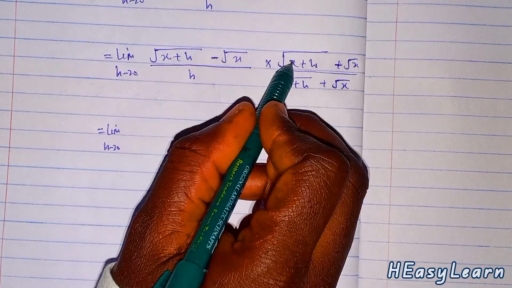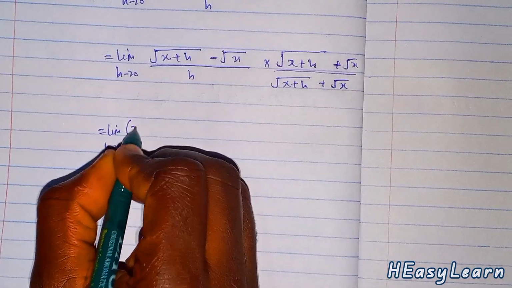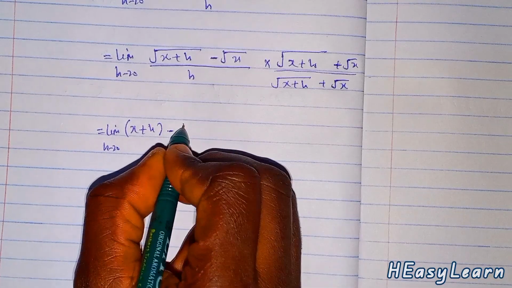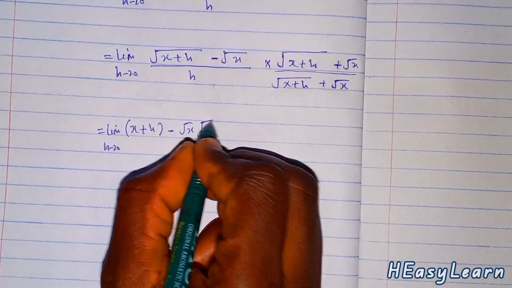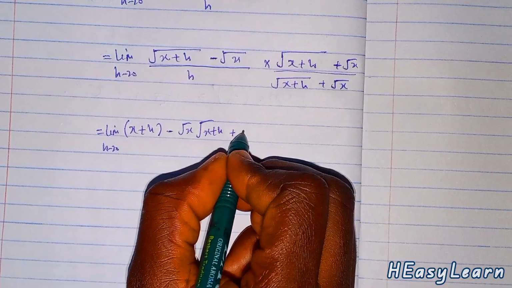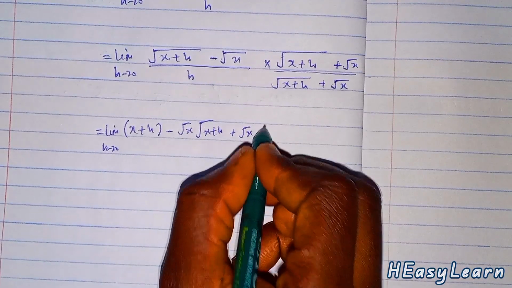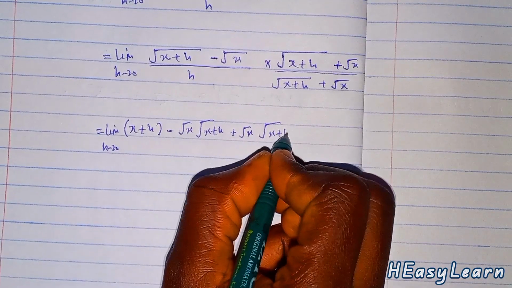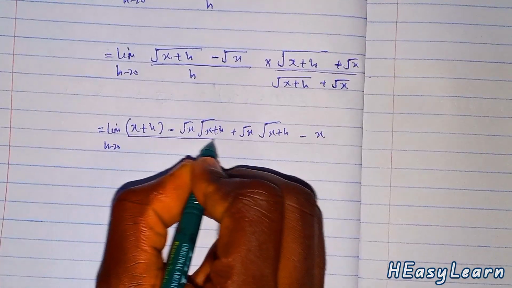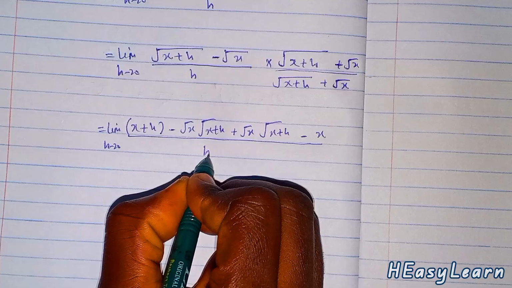Multiply the numerator wisely. x plus h minus x over h, square root of x plus h plus square root of x.